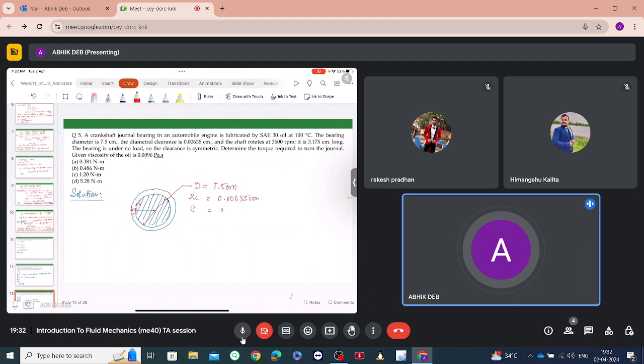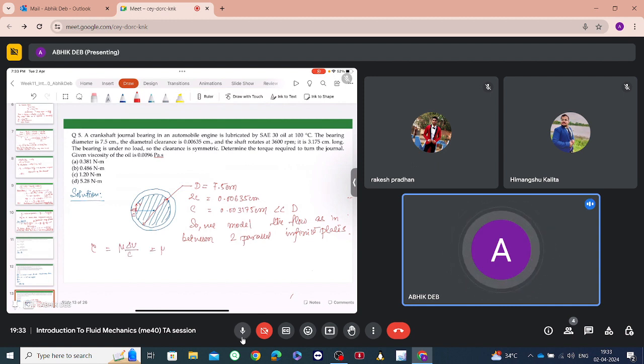So C is 0.00317 centimeter, which is very less than D. So we model the flow as in between two parallel infinite plates. Okay, so tau is equal to mu delta U by C.